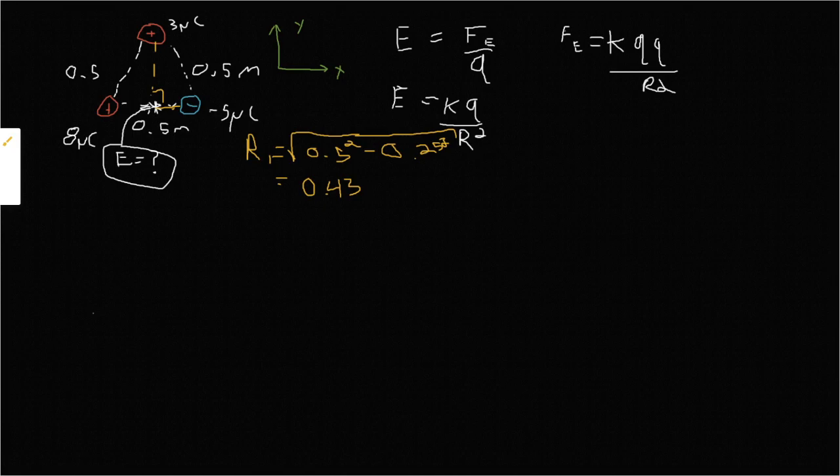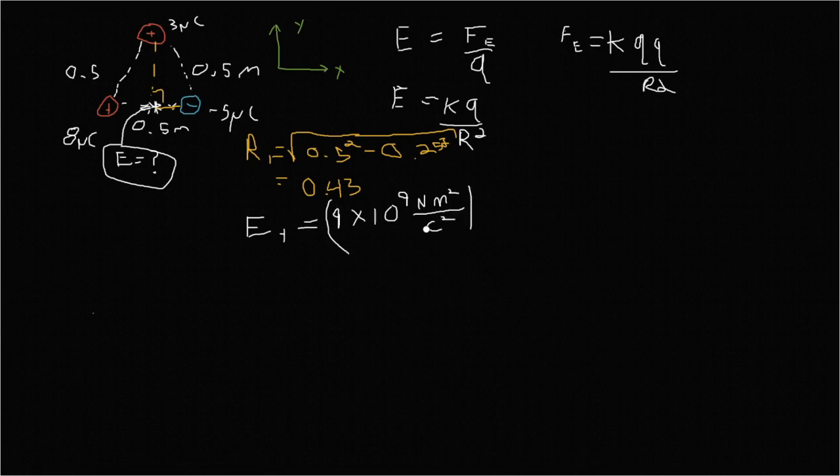And so now we can say that the electric field in the y direction is going to be equal to K, which is 9 times 10 to the ninth, with units of newtons times meter squared per coulomb squared.